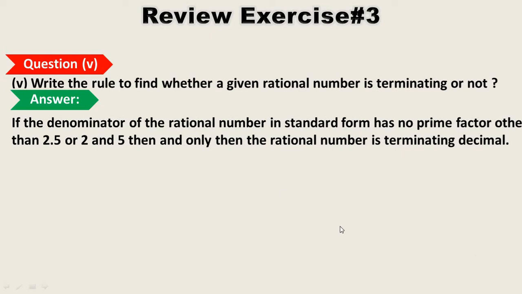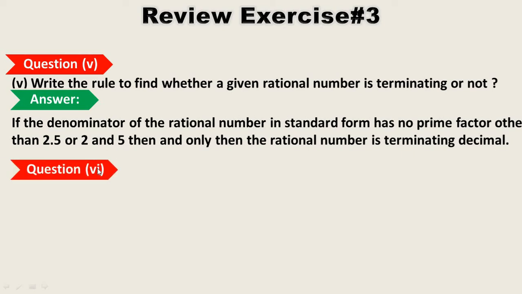If a rational number contains in the denominator only the prime numbers 2 and 5, then that number is in terminating form. If other than 2 and 5, then that is non-terminating form.